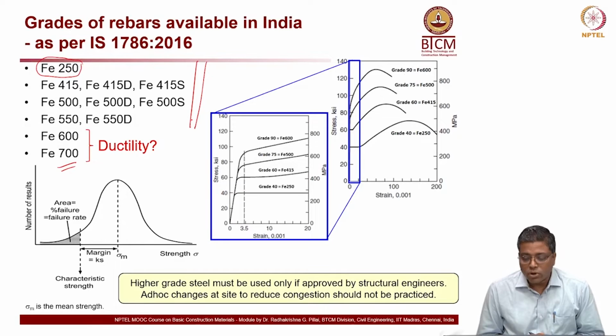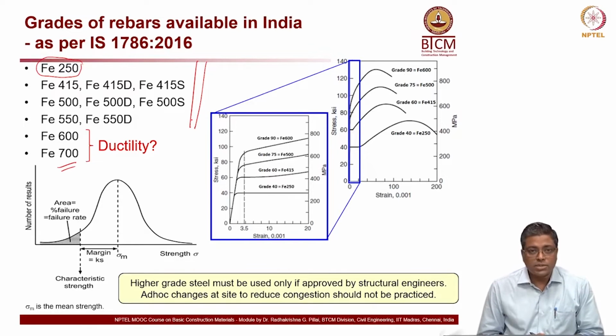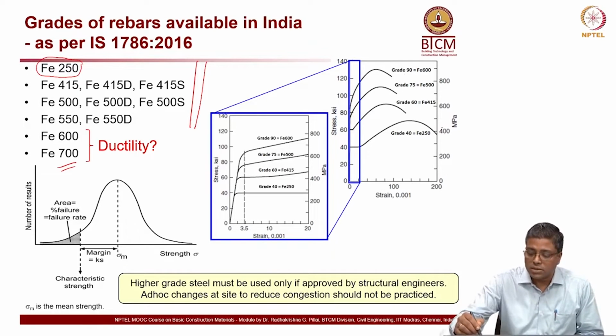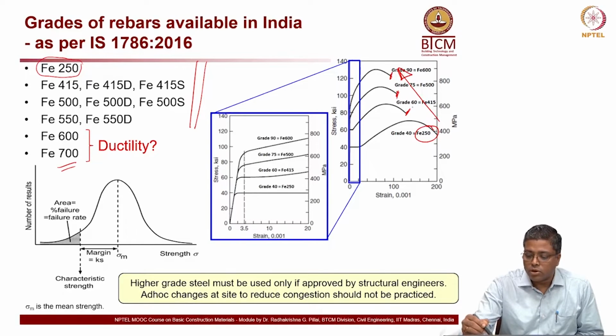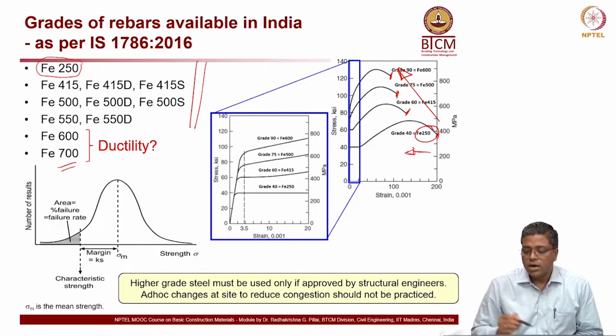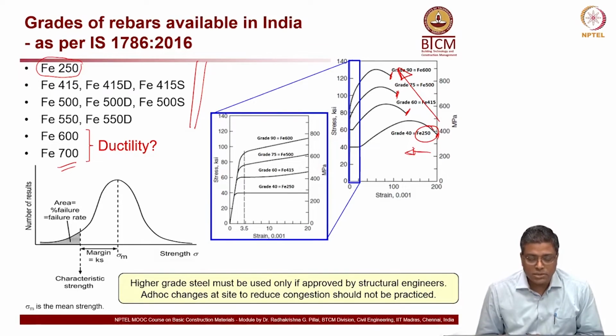If you look at the graph on the right side, you can see that as the strength increases from 250, the ductility is decreasing. The end points of these curves are moving to the left, right? That means ductility is decreasing.